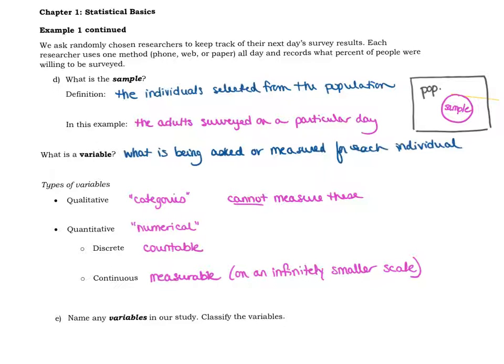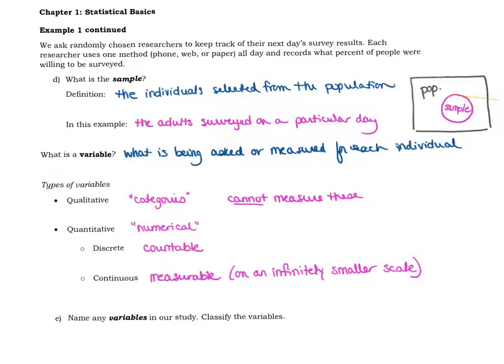So how tall someone is would be continuous, because with the right tools, you can not only measure to the nearest foot or the nearest inch, but the nearest half inch or the nearest quarter inch or the nearest millimeter, etc. You can get smaller and smaller and smaller. Again, assuming you have the right tools. So it doesn't mean we can do it. In actuality, it means there is the potential to do that with the right tools.